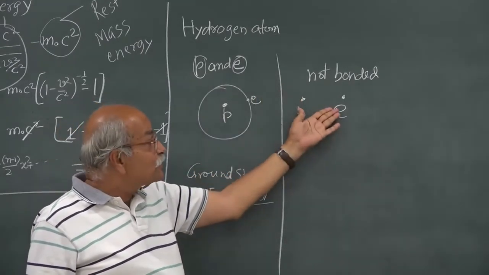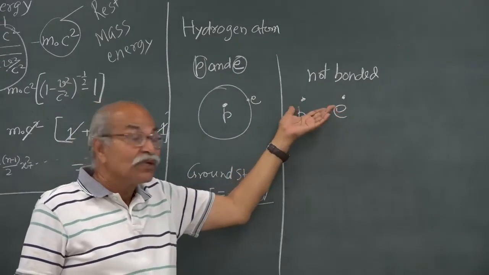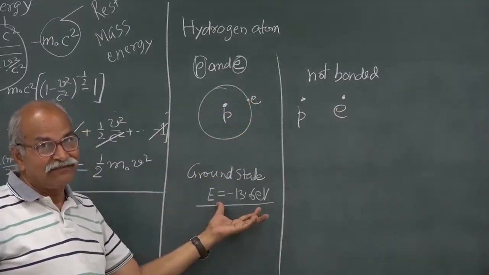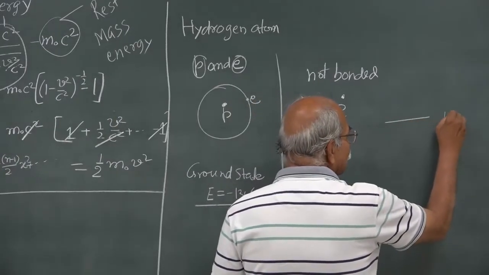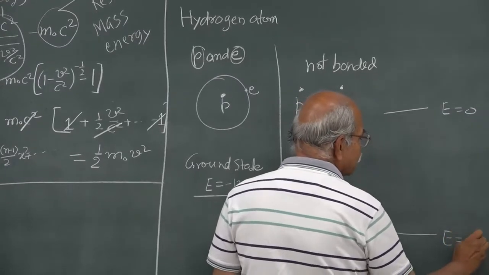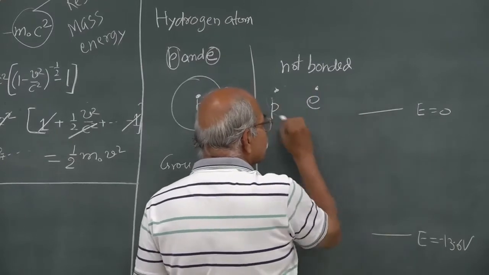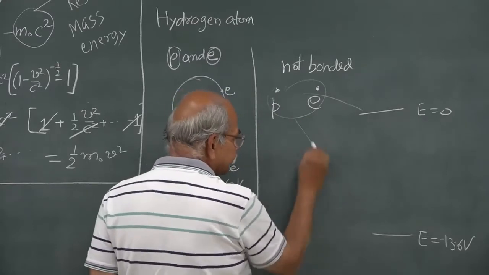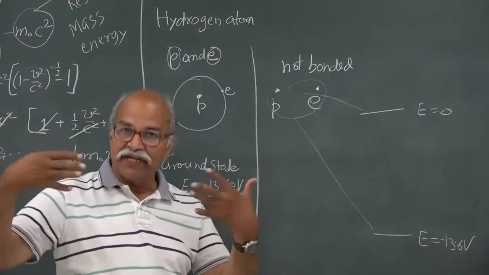Now, compared to this energy, if you call this energy 0, then this energy is minus 13.6 eV. So, when we draw our diagrams, this is energy equal to 0 and then we say that the energy is minus 13.6 eV. This is when the proton and electron are separated, and this is when they are bonded, and bonded also can be in different fashions.